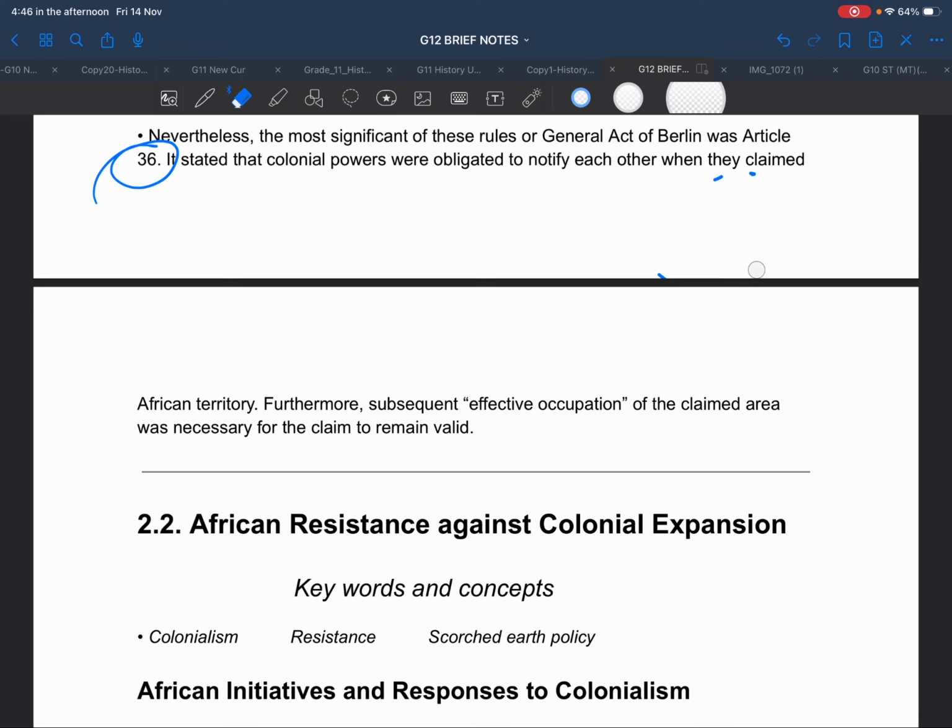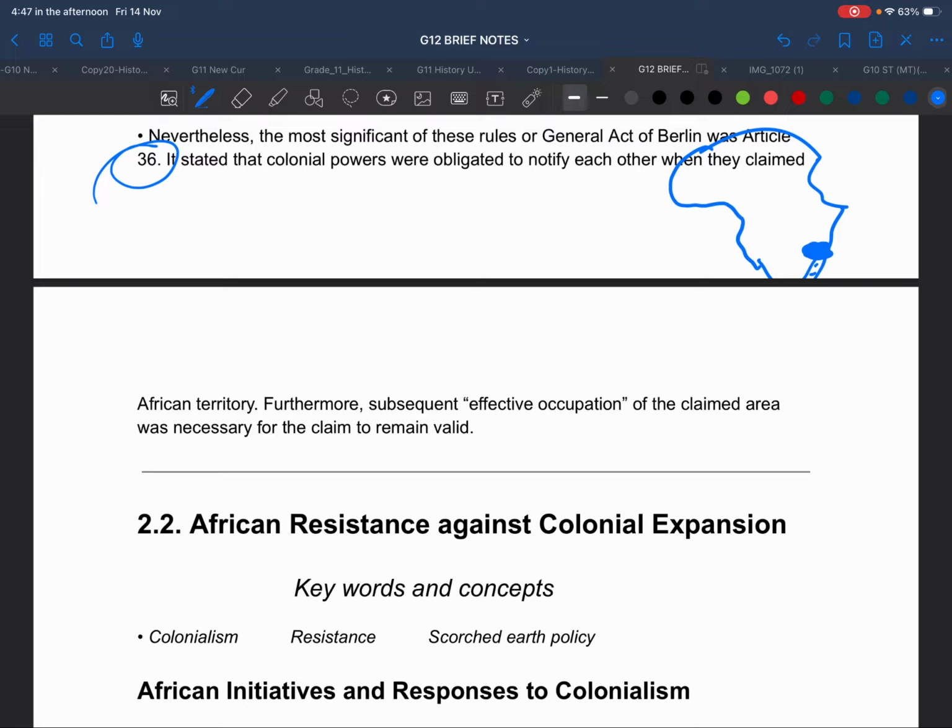For instance, when one great power of Europe wished to control any territory in Africa, such as Tanzania today, claimed by Germany, she was forced to announce, to notify the rest of the colonial powers. That was one important agreement stated in Article 36.